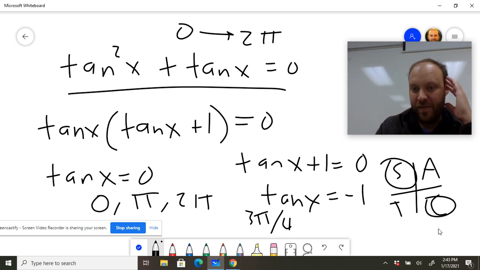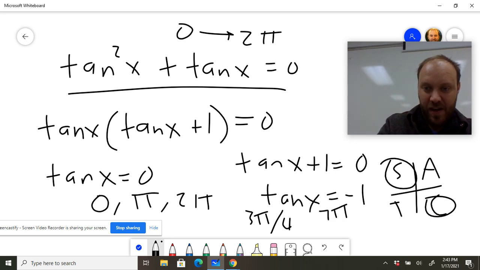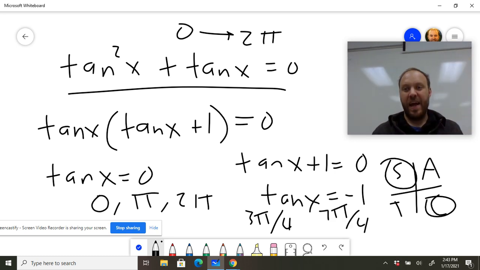And a reference angle of 45 degrees in the fourth quadrant is 315, which is 7 pi over 4. If you graph that in radians, with your window set from 0 to 2 pi, I think you're going to see it cross the axis in 4, maybe 5 places, depending on whether or not you're counting that 2 pi at the end.